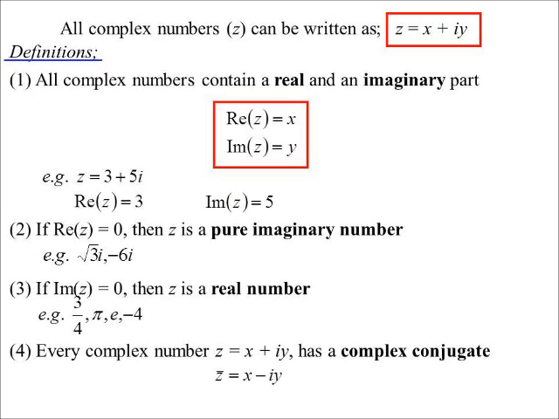So the surd part, or the imaginary part, changes sign. And you'll notice the symbol there that we use is a horizontal bar over the z. It stands for conjugate. So if z is equal to minus 2 minus the square root of 7 i, then the conjugate, so z with the bar over the top, is minus 2 plus the square root of 7 i.